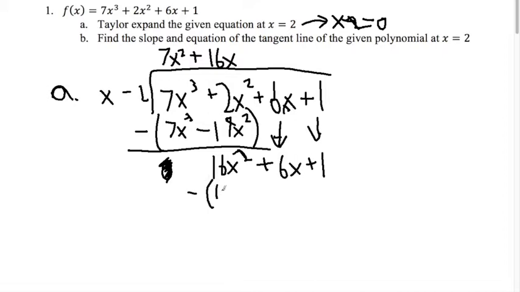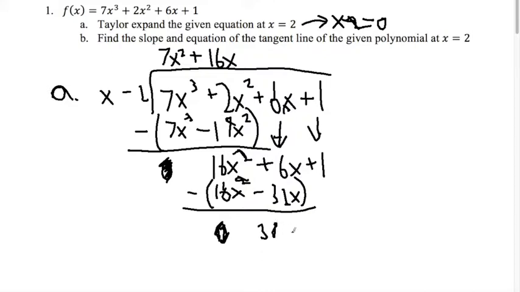Therefore, we get 16x squared minus 32x. And once again subtract after distributing the negative. So this would be 0, which we ignore once again. And this would be 32 plus 6, which is 38x. And we bring the 1 down. So we are left with 38x plus 1.